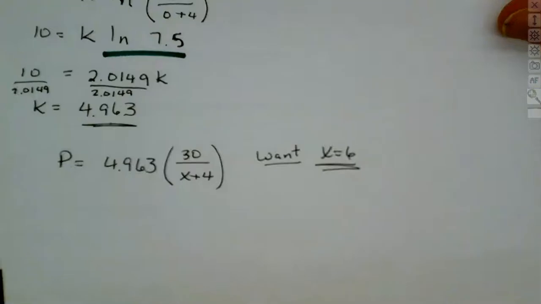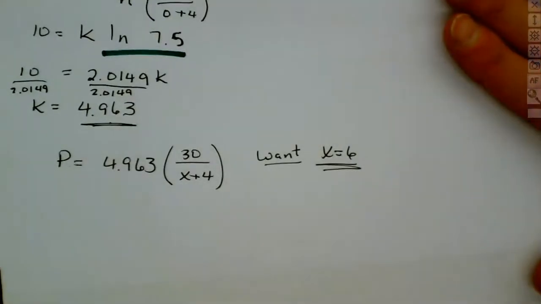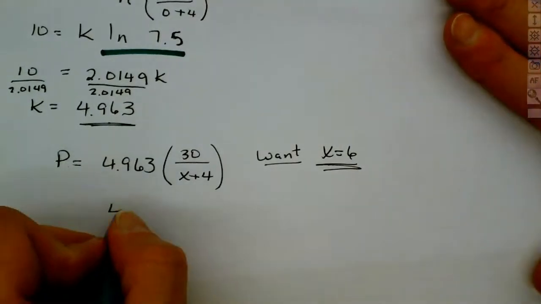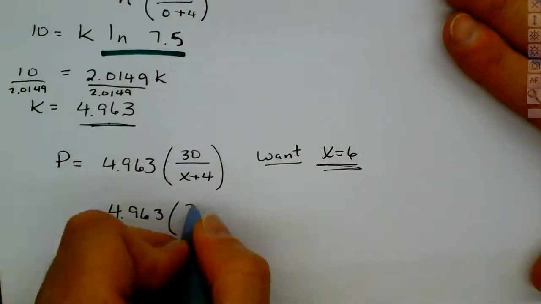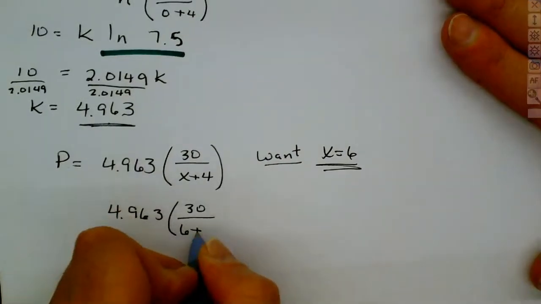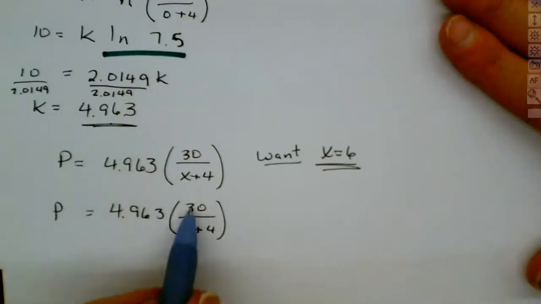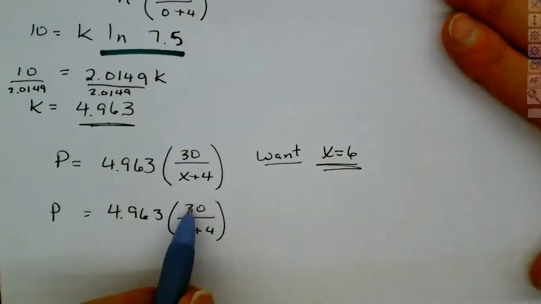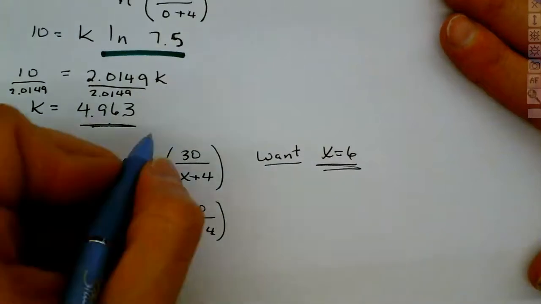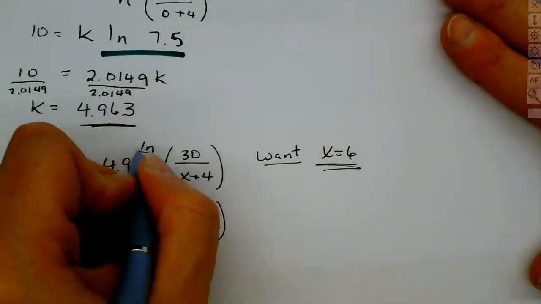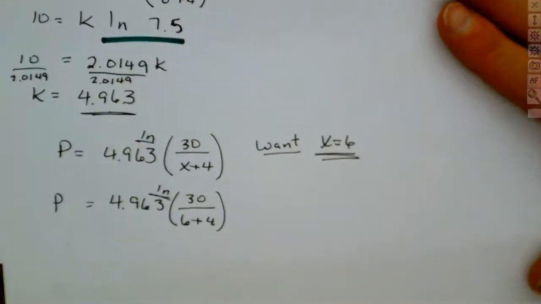Now we rework it and find out what the quail population is going to become. 30 over 6 plus 4 is 10, and we need the natural log there. I about forgot. Don't forget the natural log. The natural log goes in front.